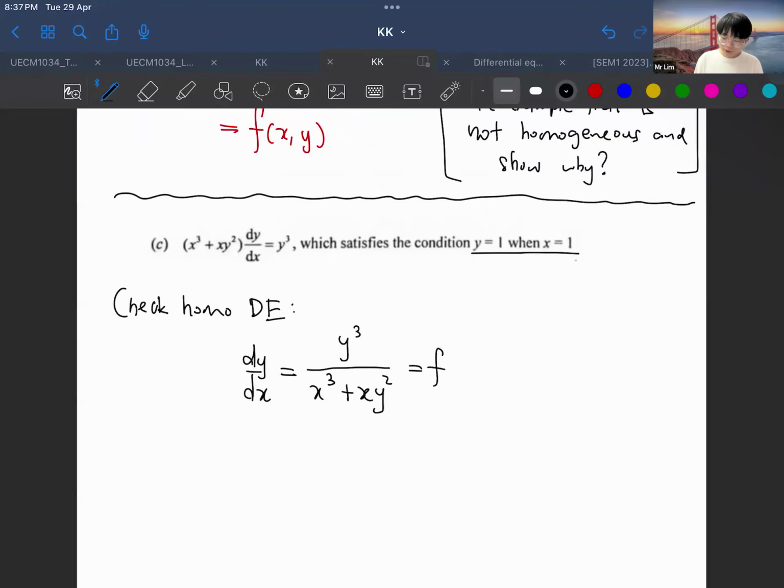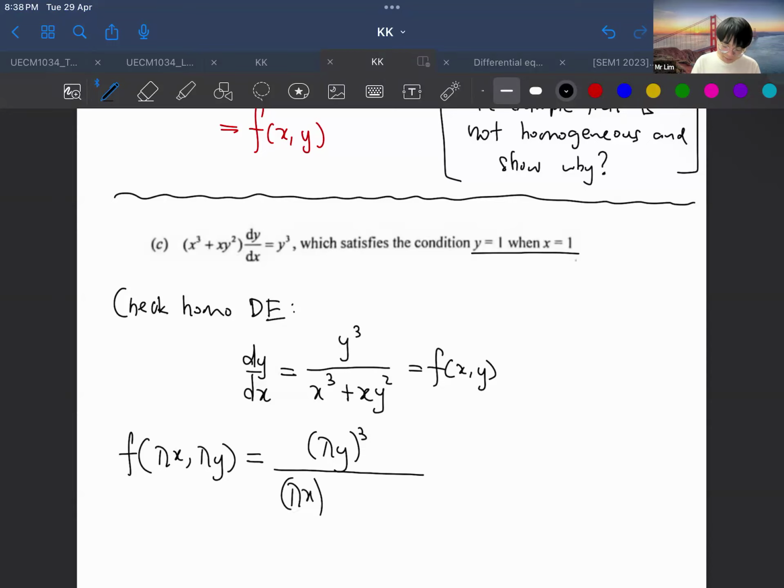Basically, this is your f(x,y). If you remember the pattern, the right-hand side is your f(x,y). To check whether it is a homogeneous DE, you find f(λx, λy). It basically means you substitute y with λy, so (λy) to the power 3 over (λx) to the power 3 plus λx times (λy) squared.